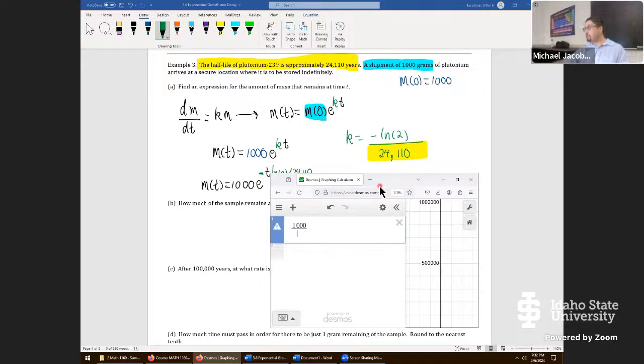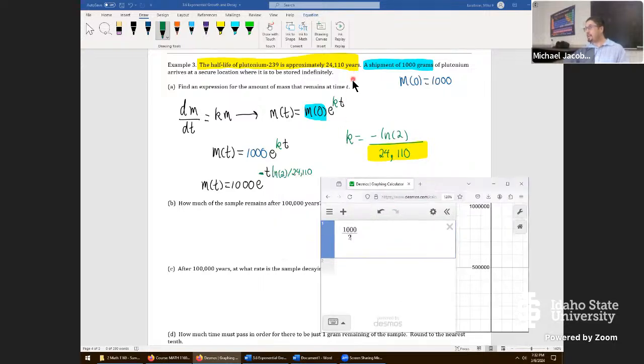and 24,000 years goes by, that's a half-life. We're down to 500 grams. Double that, we're at about 50,000 years, not exactly. That means just divide by 2 squared. Now, if we're adding another 24,000 years, we're about at 75,000. That's 3 half-lives, so raise it to the power 3.